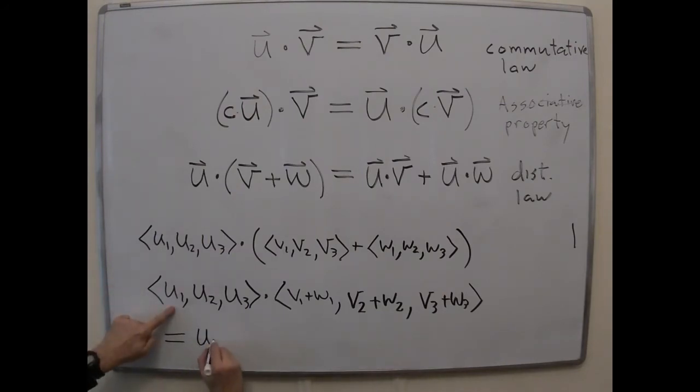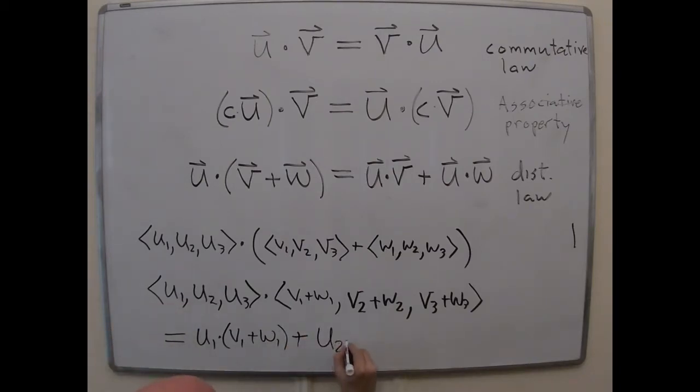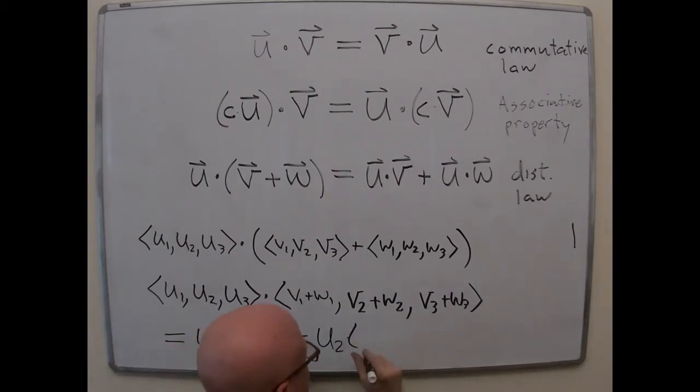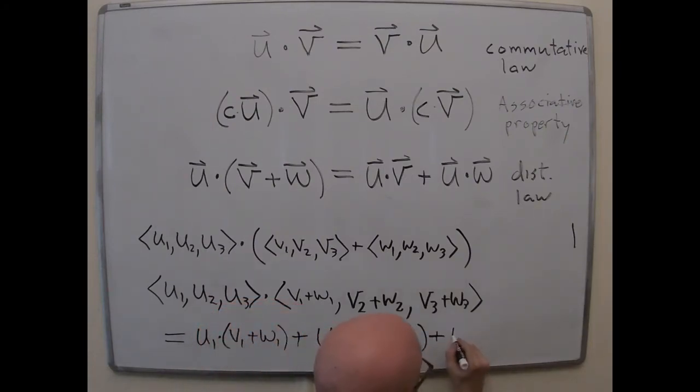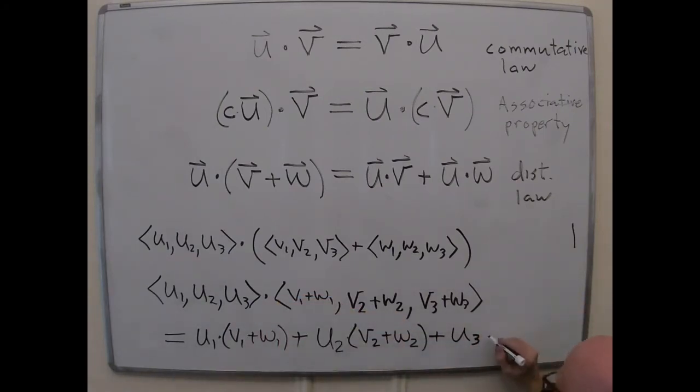It's U1 times V1 plus W1, plus U2 times, what is that one, the middle guy, V2 and W2, plus U3, I'm sorry, I'm probably blocking the board now, times V3 plus W3.